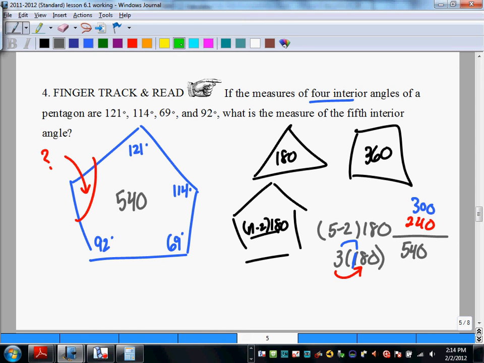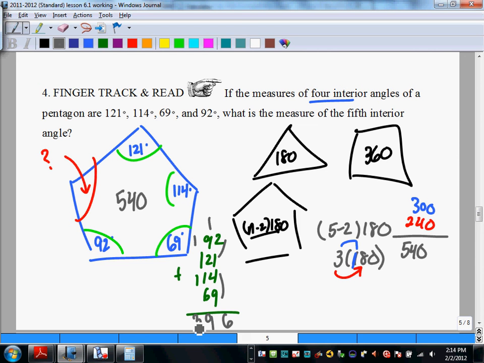Fabulous. So we're going to add all these puppies up. Okay, so we got 121, 114. Zach, how we doing? 235. Okay. Then 169 plus... 9, 10, carry the 1... So I got 396.